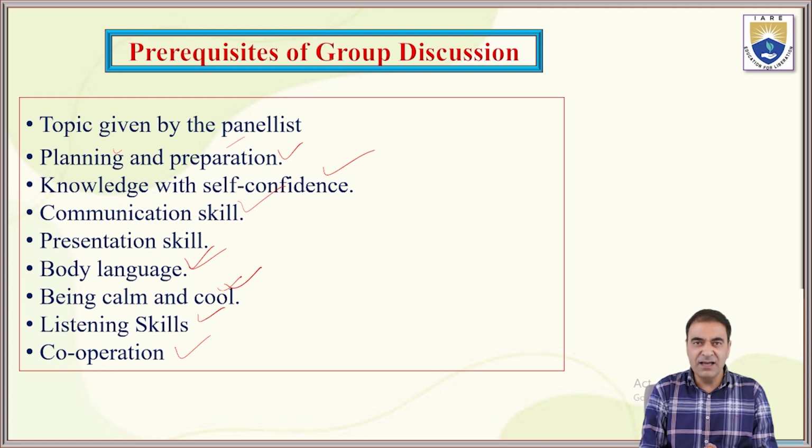And at times we can modify our ideas, our thoughts, if we find they are against, for example, data or the facts. Therefore, one needs to be very cooperative. There must be cooperation among the different members of a group discussion.